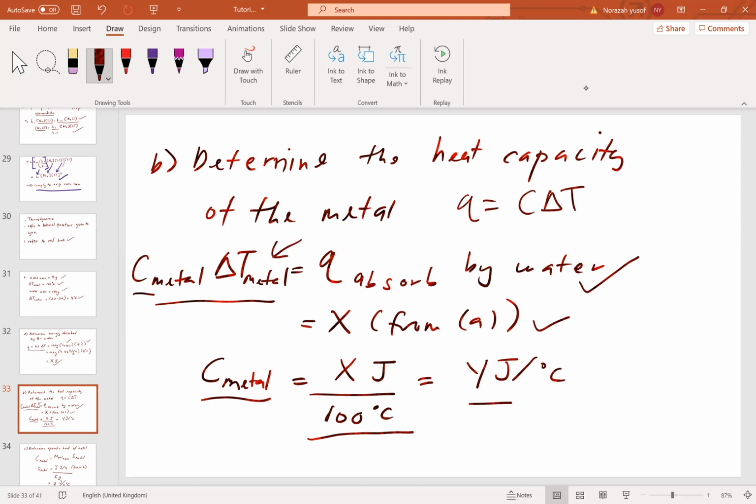So I name it as Y, joule over Celsius. So this is for B.